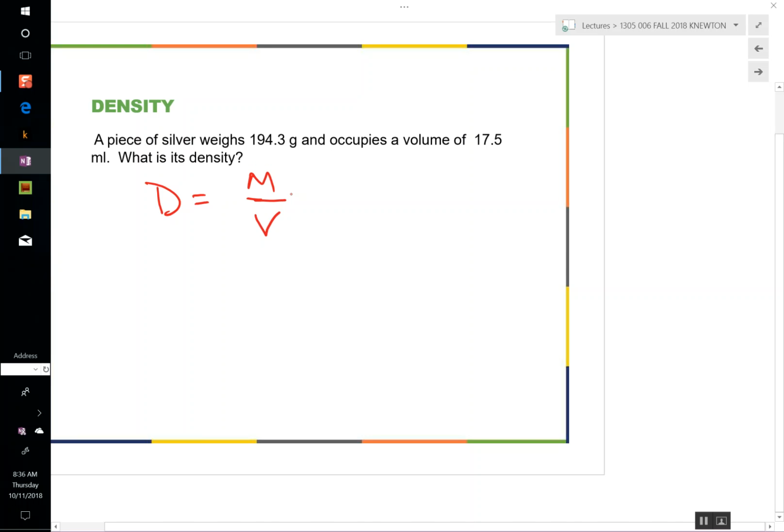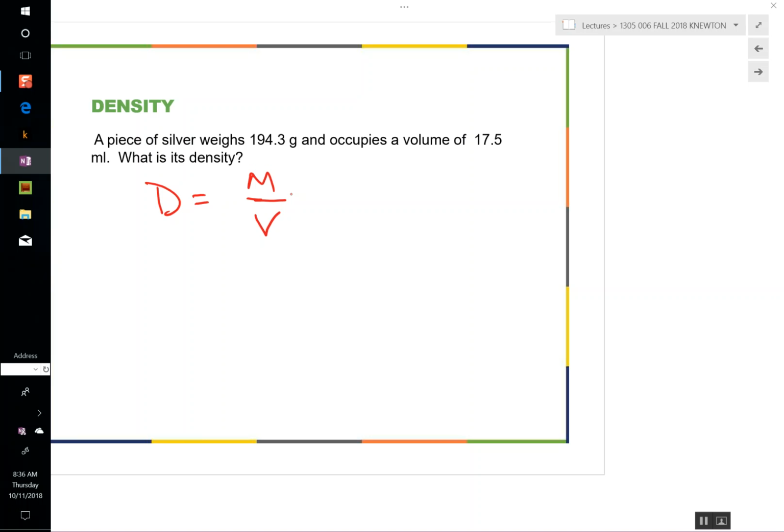This is the equation that defines density. So when you have a problem, let me show you how to deal with a word problem. You're going to have a lot of word problems. You're going to have them in gas laws and different things like that. This is a simple one, so let's go through what you should do.